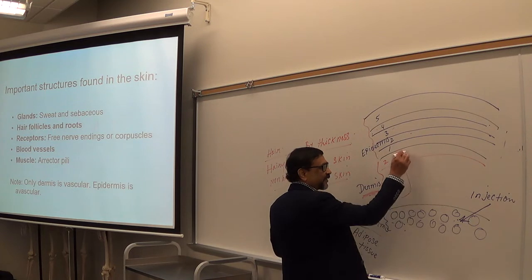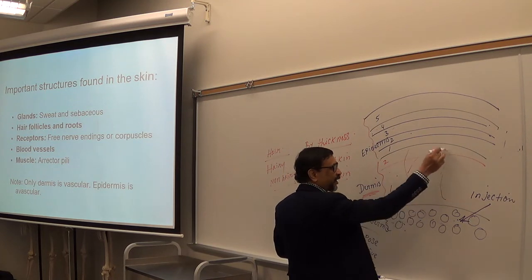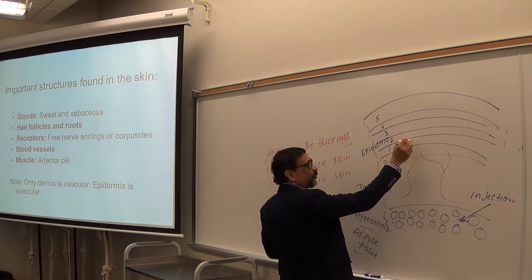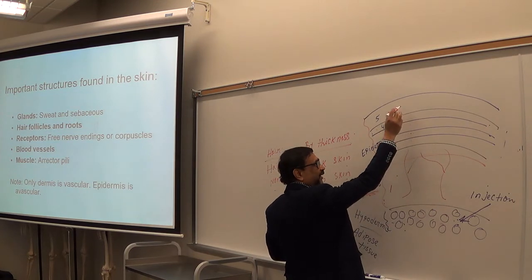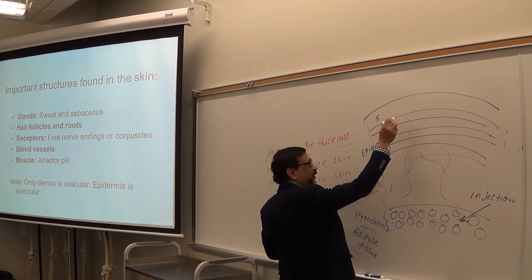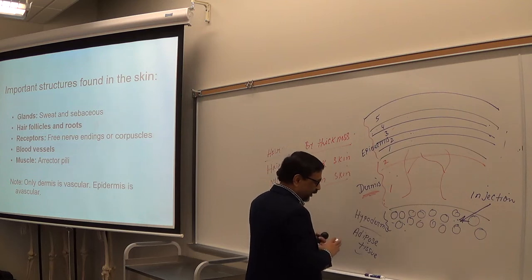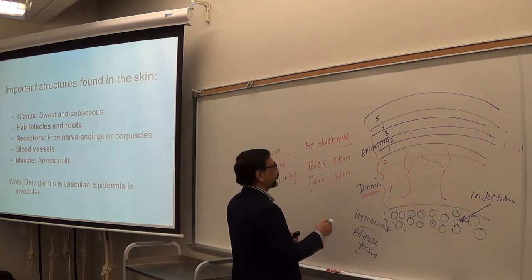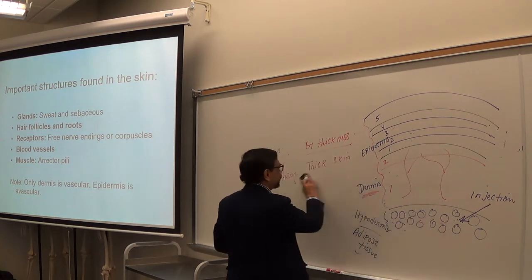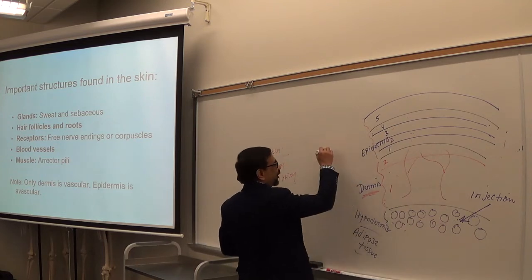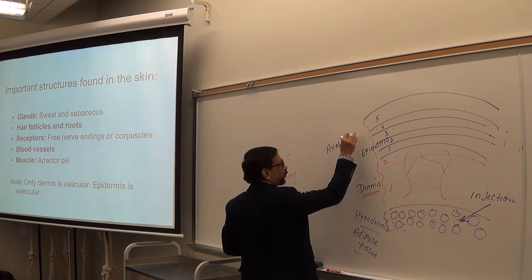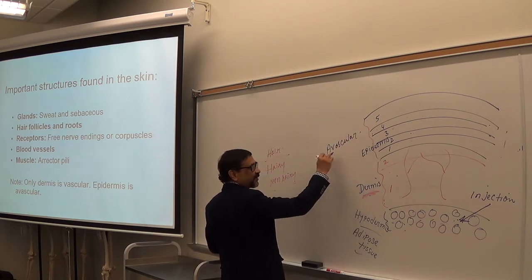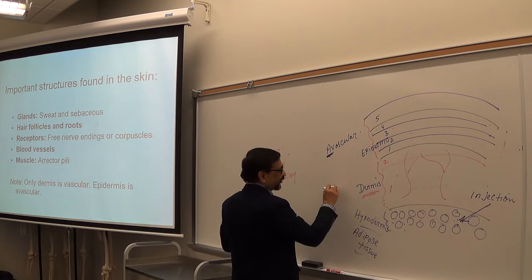That means blood vessels are present only in the dermis. No blood vessel in the epidermis. So epidermis is avascular, that means no blood vessels. A means absence, and dermis is vascular.